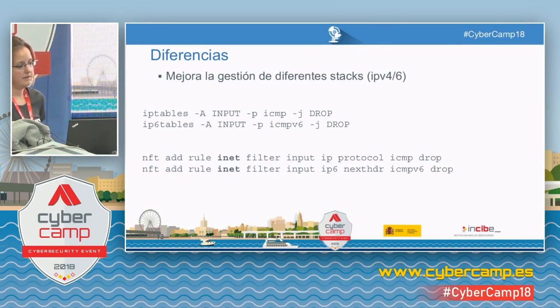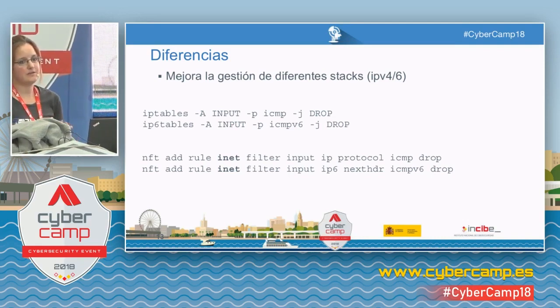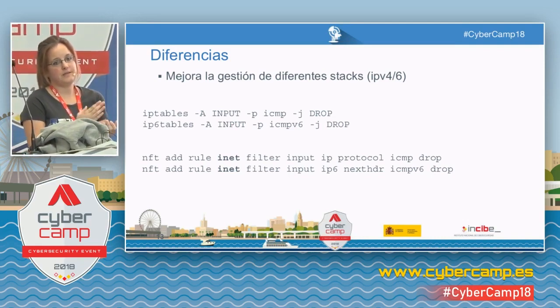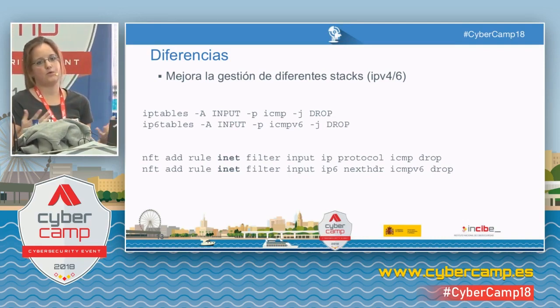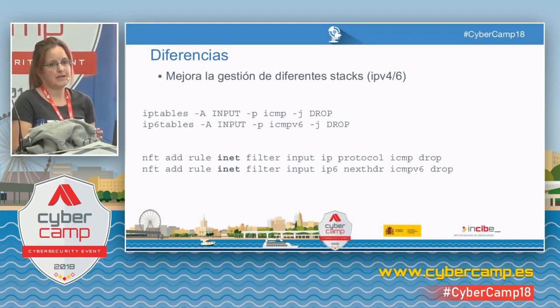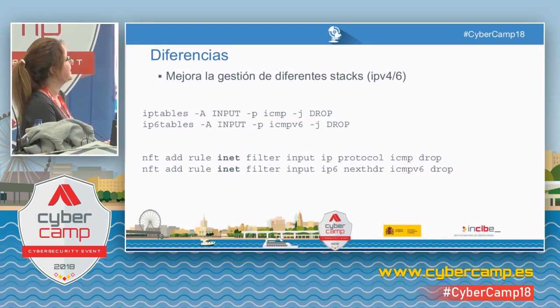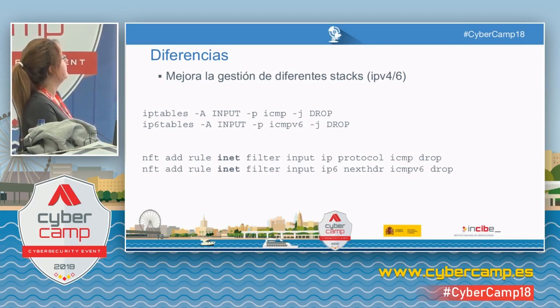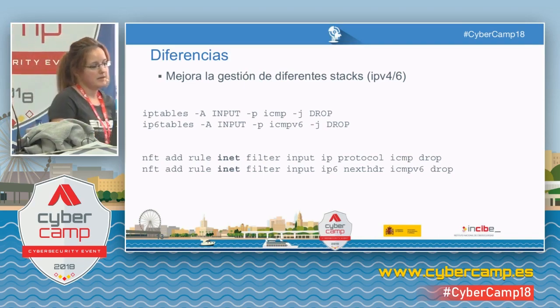Another important difference between them, and mostly for those of you who want to migrate IPv4 to IPv6 or have both stacks and infrastructures working together, is that nftables is definitely the best tool for that type of maintenance. Why?